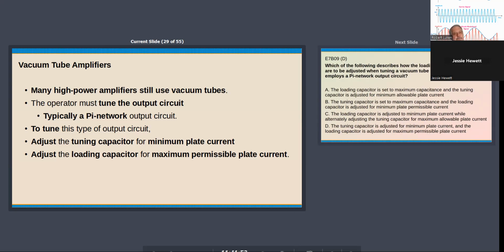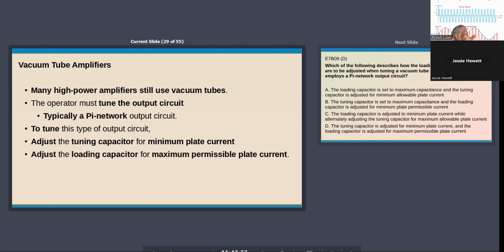So in order to tune it, you tune the input capacitor, or the tuning capacitor, for the minimum plate current, because they'll have a meter on the front so that you can see the plate current. So it dips. Right, you minimize that, and then you do the output or loading capacitor for maximum. Then you go back and do the input one, and you just play with those.